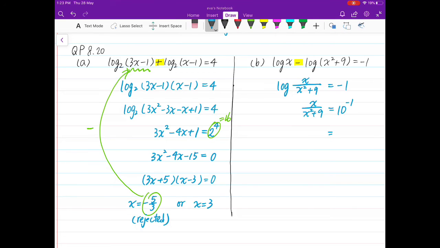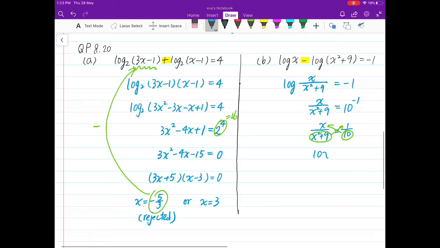Next, 10 to the power of negative 1 is 1 over 10. Then now we can multiply the denominator to the opposite side of the numerator. 10x equal to x squared plus 9.